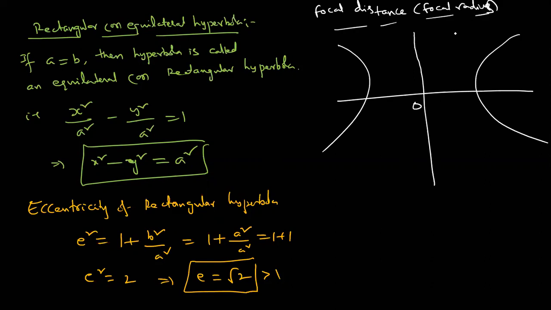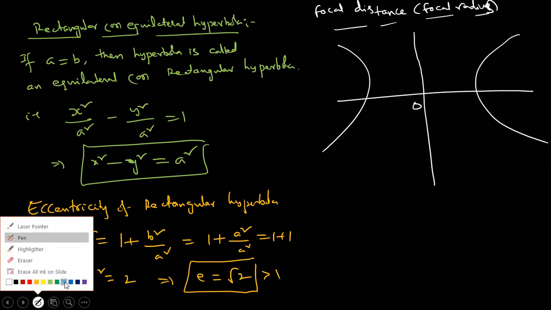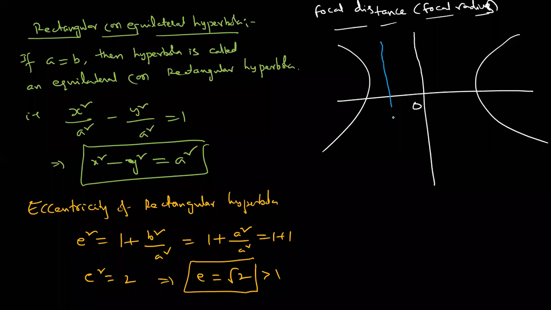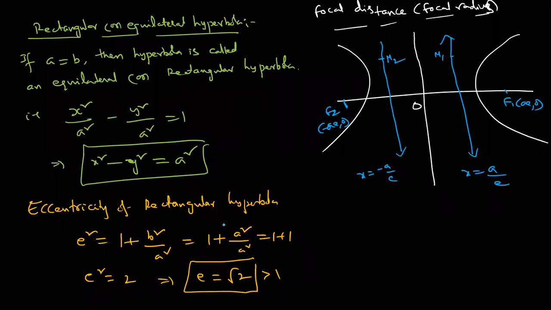Focal distance, focal radius. Here, see carefully, this is the equation of the directrix. This is the center. Now, dear students, carefully, this is M1 and this is M2 I'm taking.